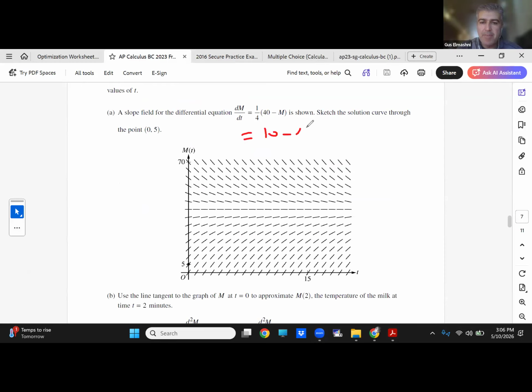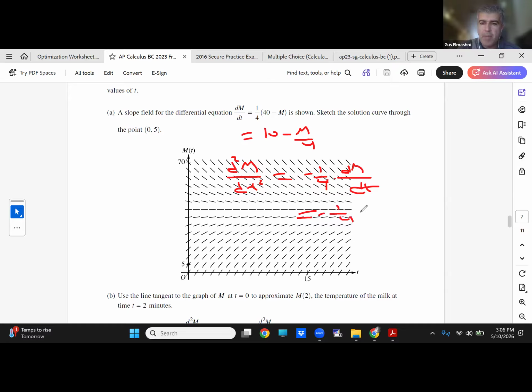Okay, I did this initially. I primed it, right? Then when I did the second derivative, I wrote negative 1/4. You guys see the problem? Chain rule. Yeah, exactly. Because m's a function in terms of t, it's actually m prime or dm dt.